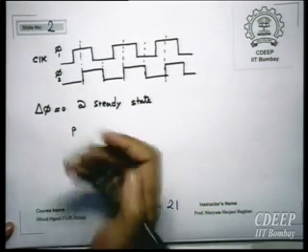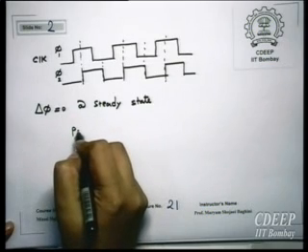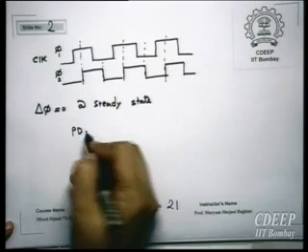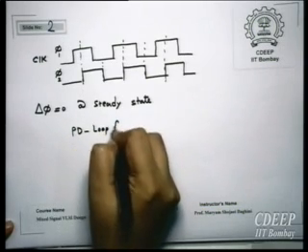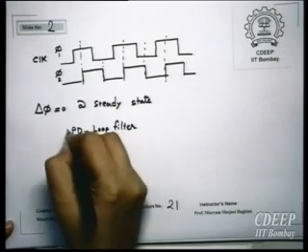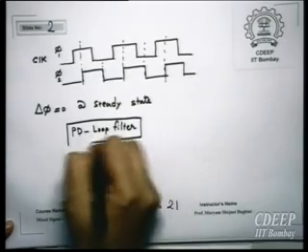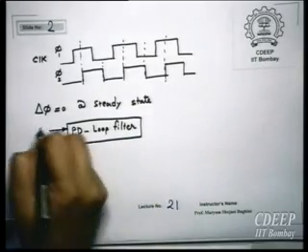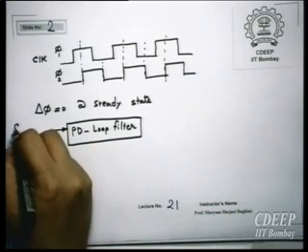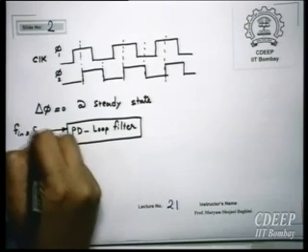Same charge pump, for example, the phase detector and the loop filter all together. This was one component, and we keep it as it is. We have an input frequency, F in or omega in, and some phase.